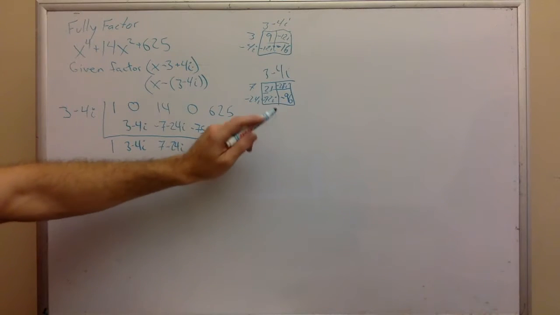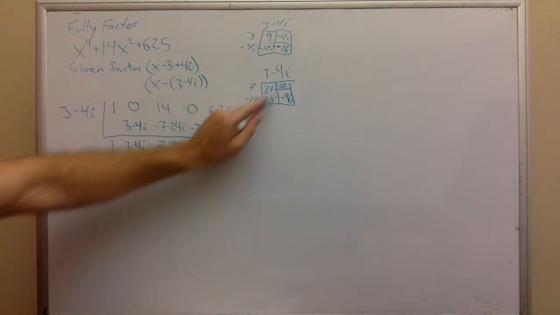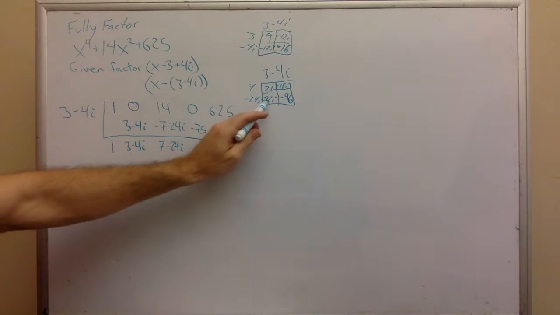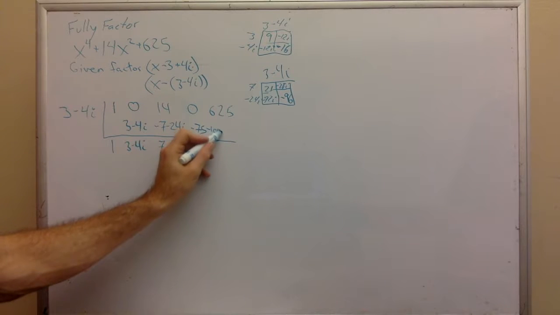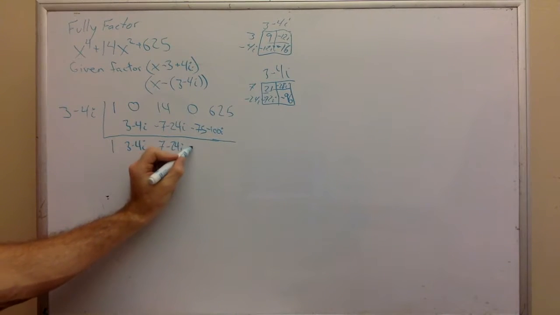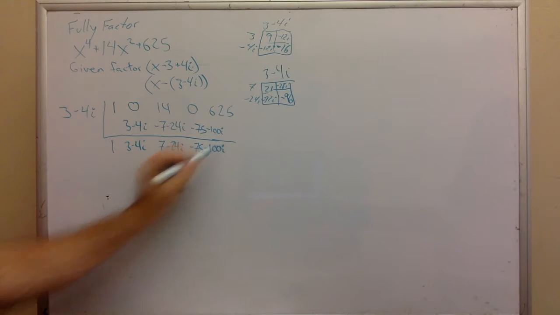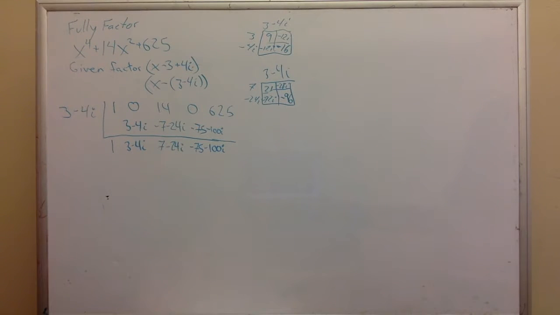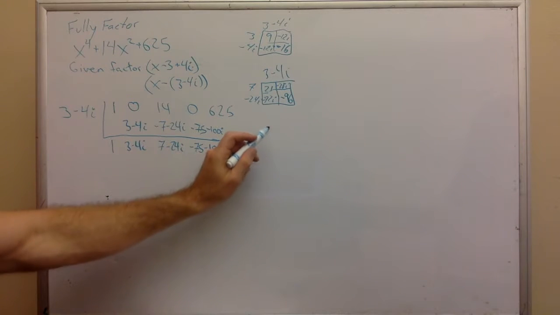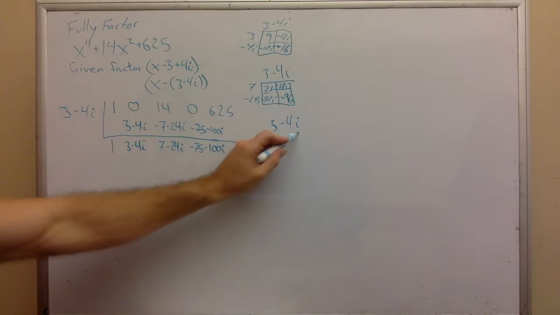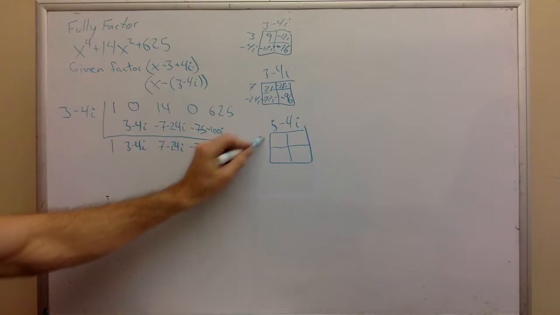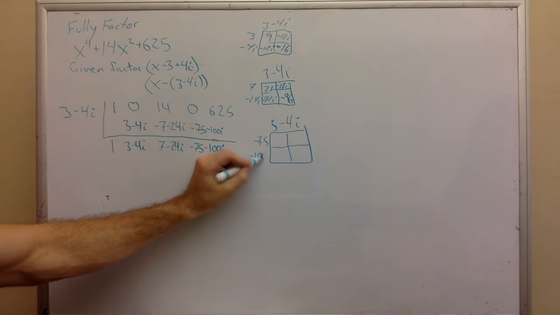And then, if I did this correctly, let's see, so that would be negative 100i. Got a little squeezed in here. Negative 100i. And then I've got to multiply that through. Okay, so 3 minus 4i times negative 75 minus 100i.